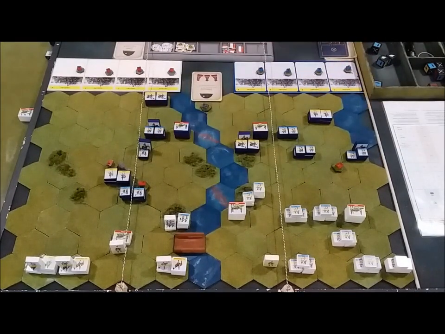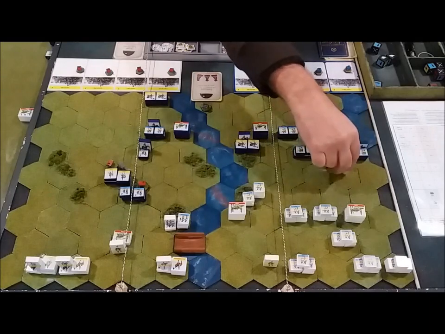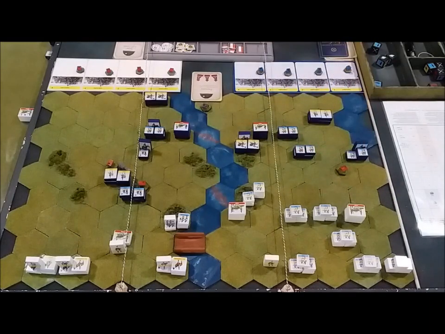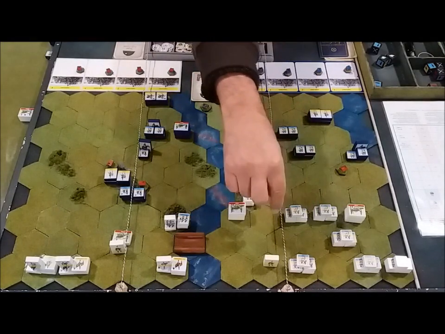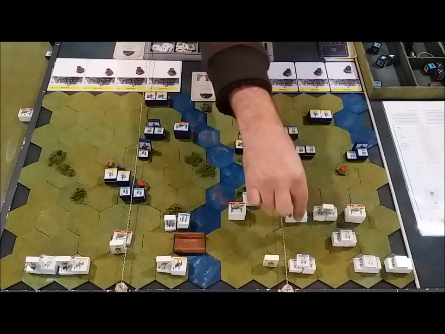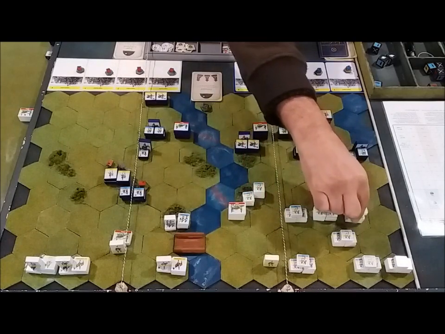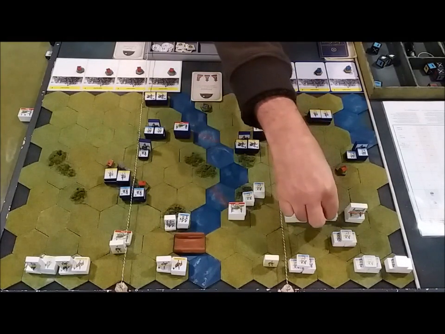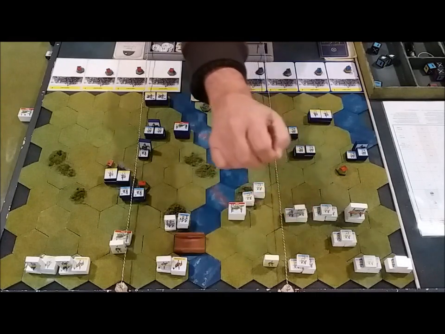And then on the Austrian right flank, again, can't shoot over here because we're going through the town. We can get 2 over to here, so let's do this one and this one. Is that what I want? No, not that one. This one.